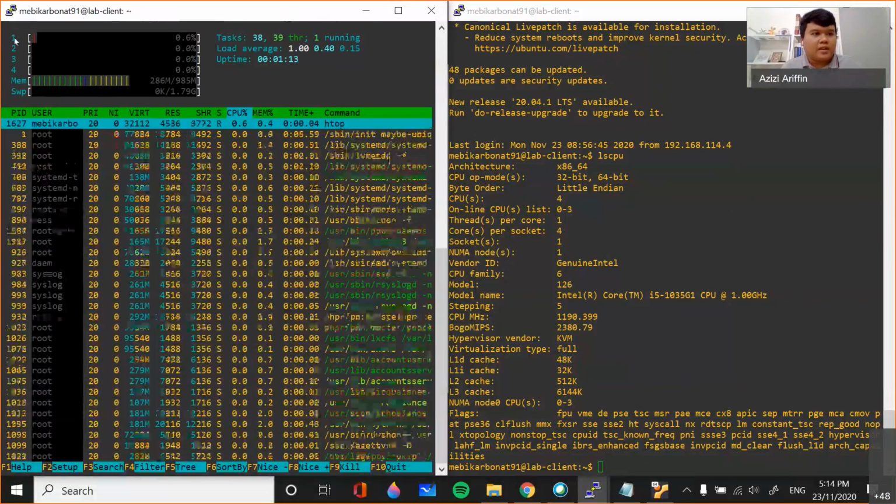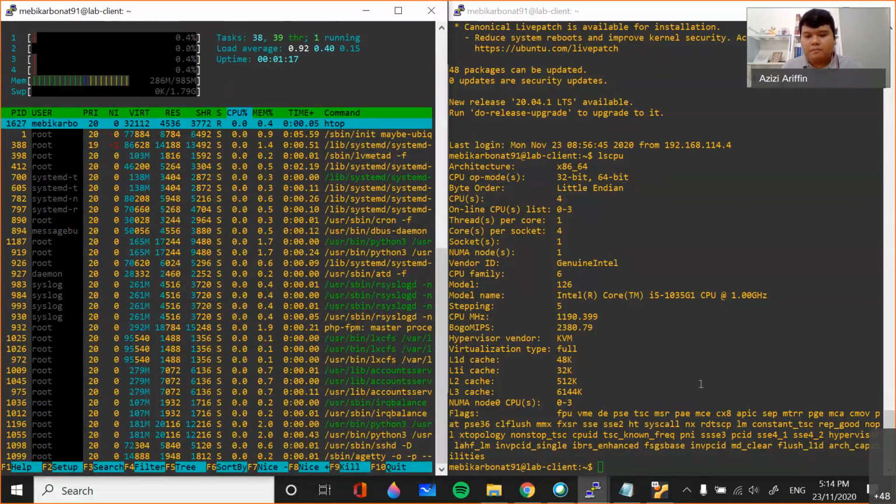Okay, so sekarang ni nampak dia dah ada 4 core CPU, 1 core, 2 core, 3 core, 4 core. Okay, so far lost ke? Boleh faham ke apa yang saya nak cuba sampaikan ni? Boleh. Sekarang ni saya punya VM dah ada 4 core.